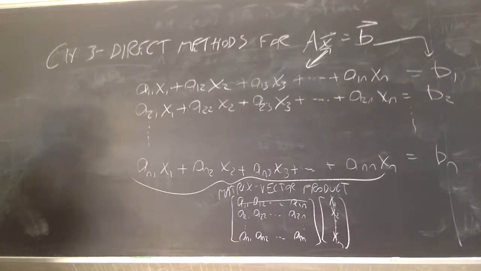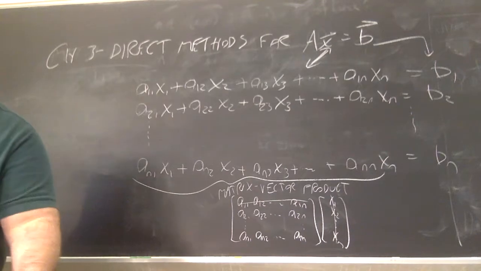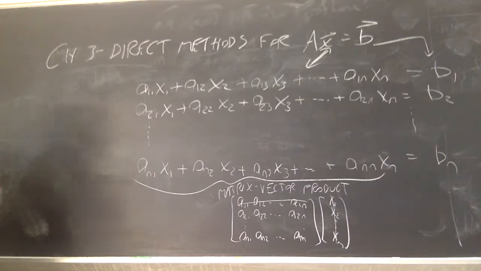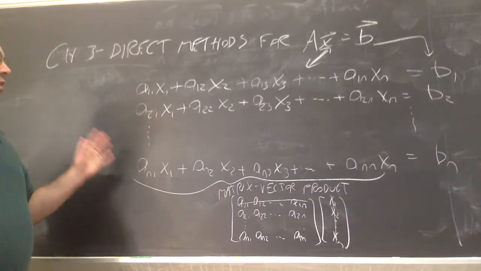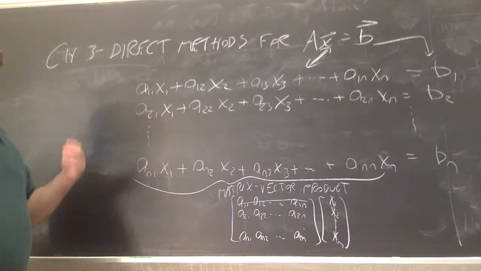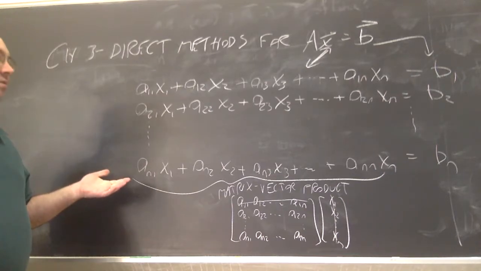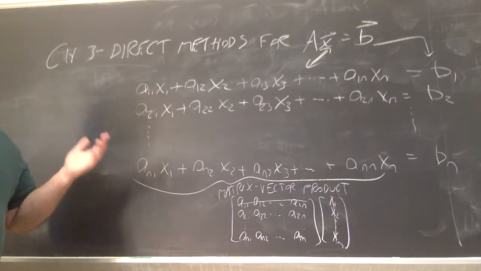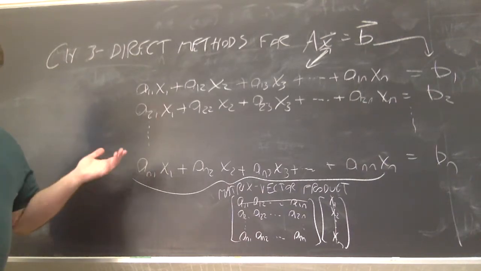Okay. Now, the focus for today is which kinds of systems of equations would be considered easy to solve. If you have only one unknown, then that would be a completely trivial equation to solve.